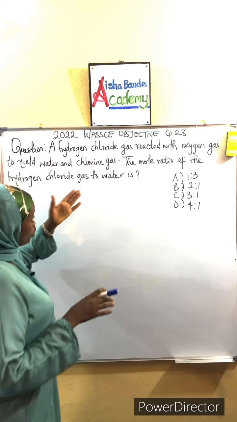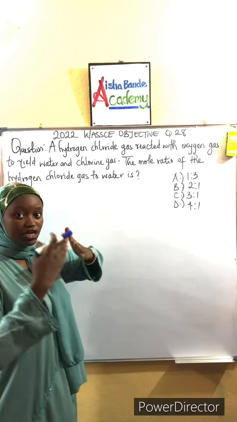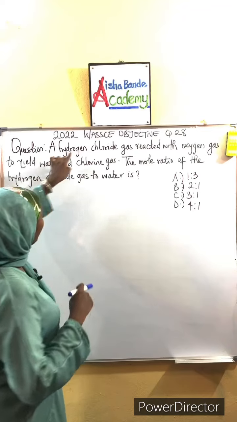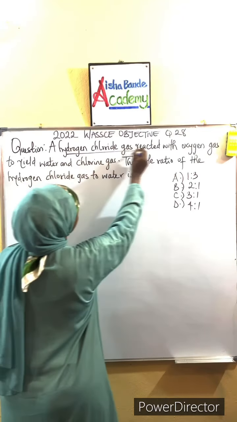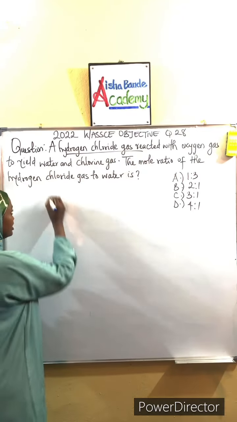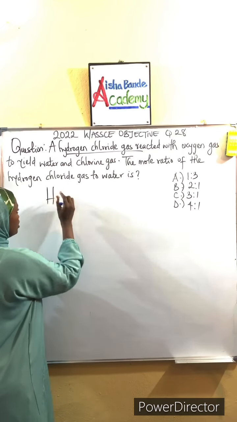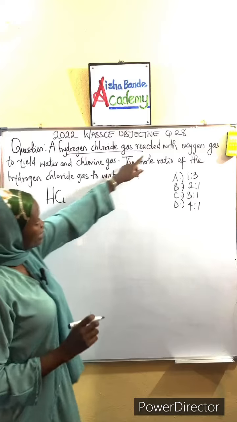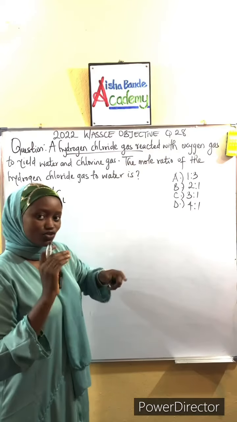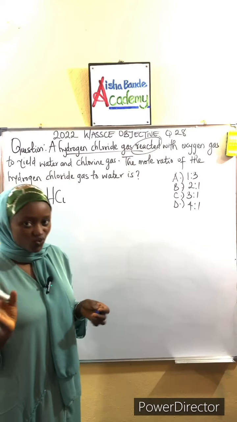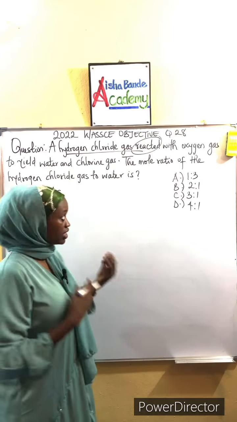So the first step for us to solve this type of question is to interpret the question, that's the statement, step by step. It says a hydrogen chloride gas, that is HCl, reacted. Once you see this word reacted, just know that you have to write a chemical equation.